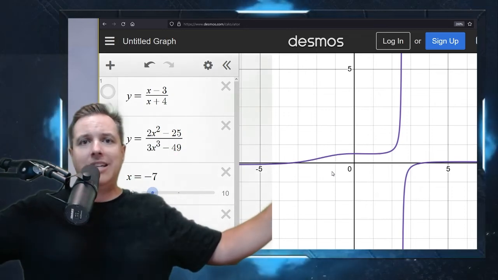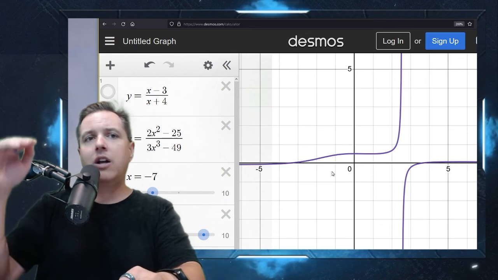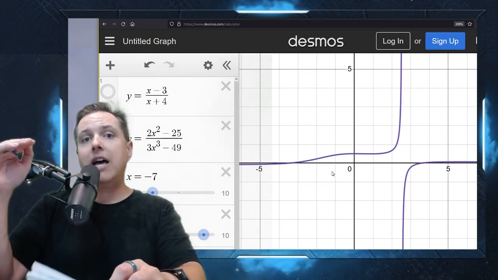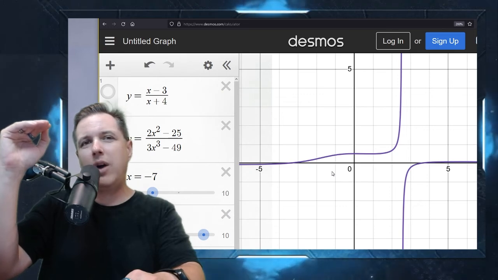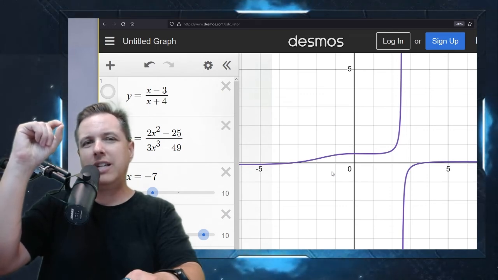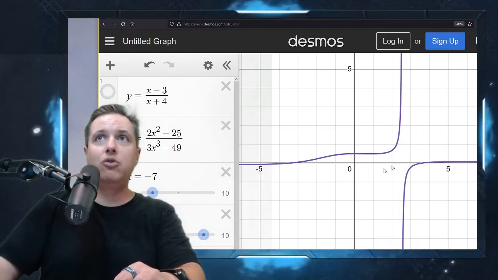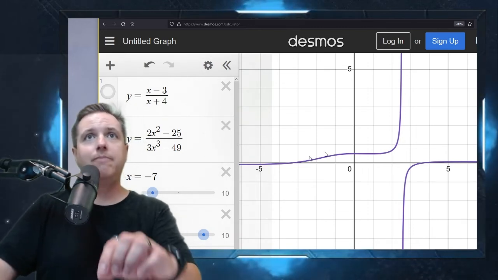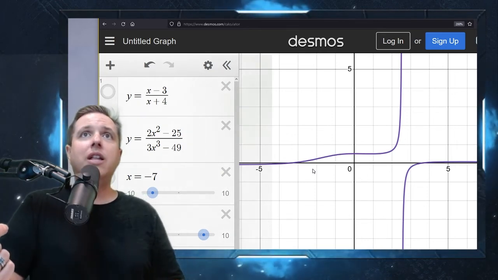Once you get locked into that end behavior, once you've traveled far enough away from the middle, you're not going to cross that horizontal asymptote anymore. You're just going to forever get closer and closer to it, but never quite touch it. There's this ever shrinking distance between the asymptote and the curve itself once you get away from the middle of the graph. Okay, so that's how you get 0 for your horizontal asymptote.